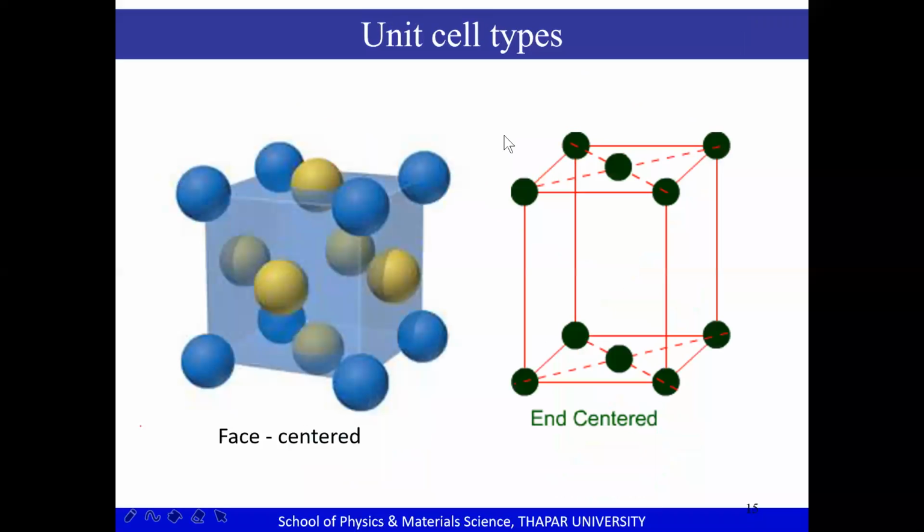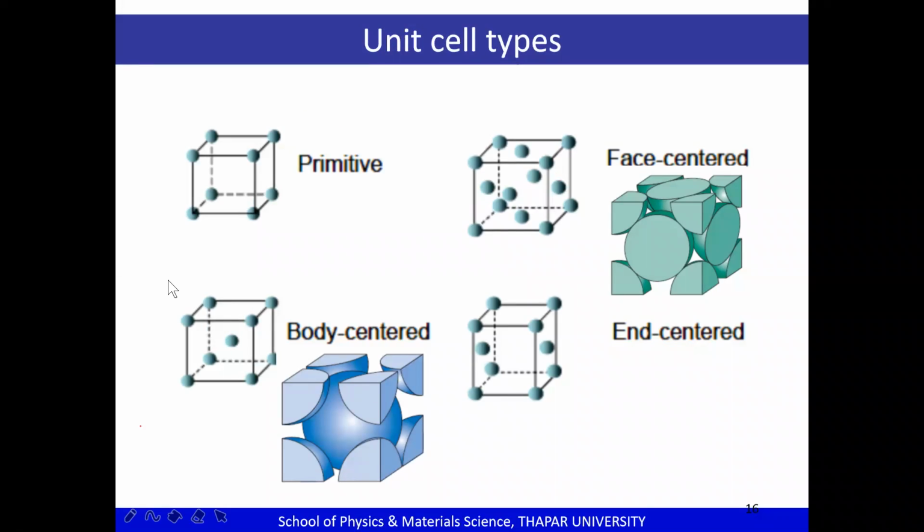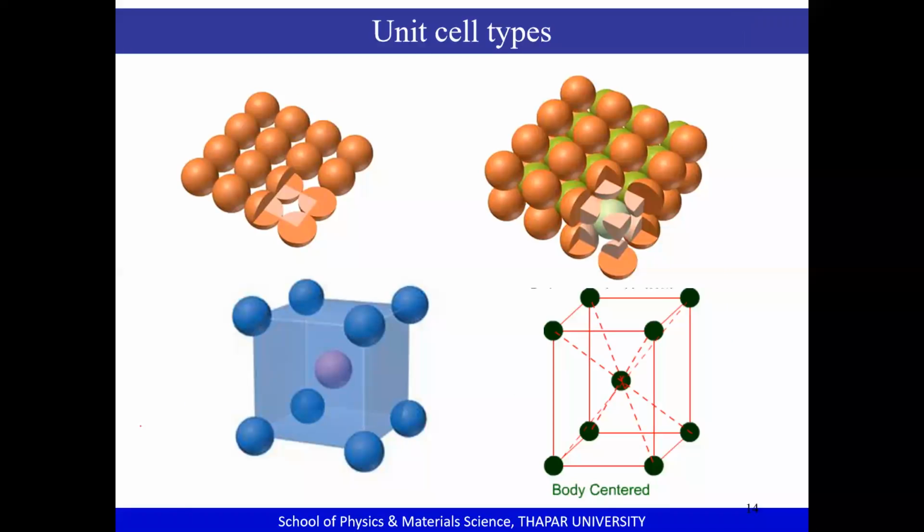So it makes the total contribution of lattice points equal to 2. One lattice point comes from the center, while the other lattice point comes from the corners of the unit cell.